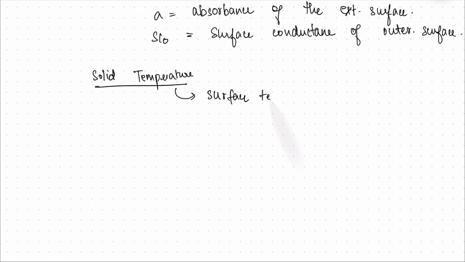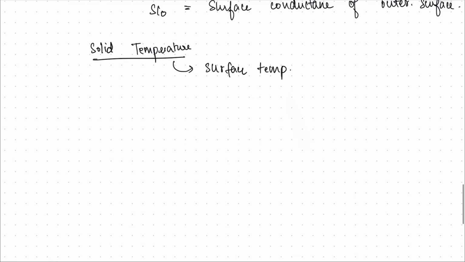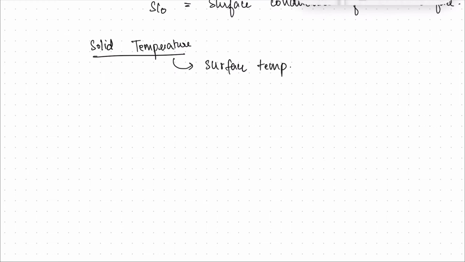And the formula is: the surface temperature is equal to the outdoor air temperature plus the intensity of solar radiation multiplied by the absorbance of the external surface divided by the surface conductance of the outer surface.